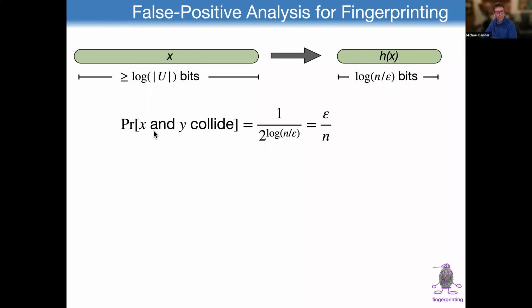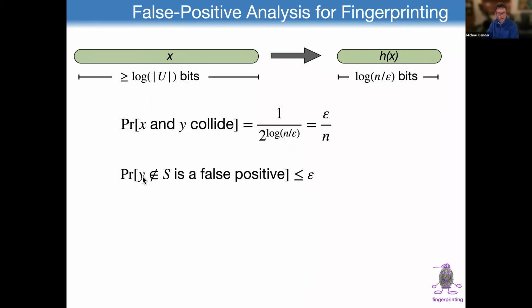Two elements collide if they collide on every single fingerprint bit. So the probability that two elements collide is one half to the power of the number of bits, log of n divided by epsilon, which is just epsilon over n. This is the probability of a single pairwise collision.